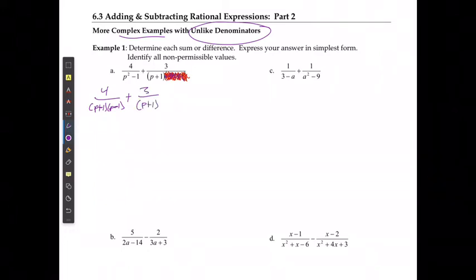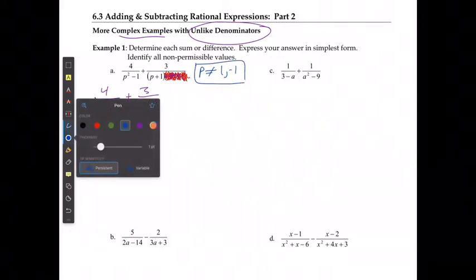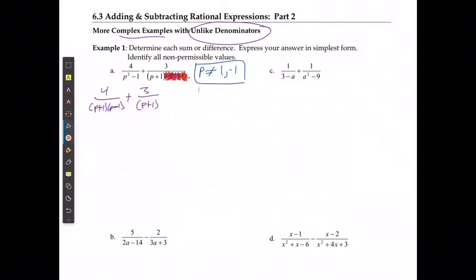Now that they're fully factored, I'm going to state the non-permissibles. P cannot equal positive 1 or negative 1. I can also state the lowest common denominator is going to be (p plus 1)(p minus 1).